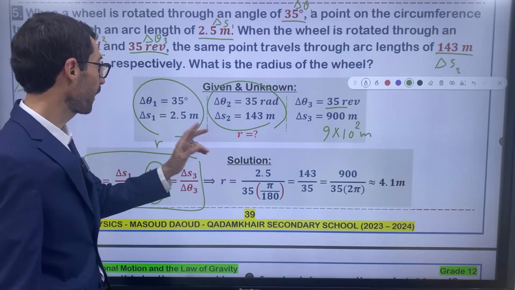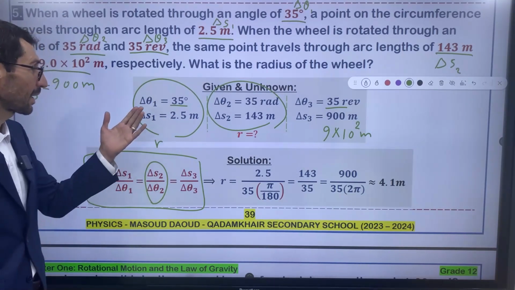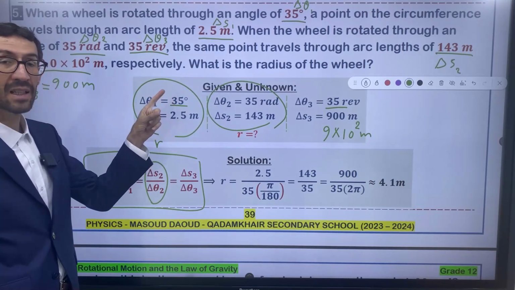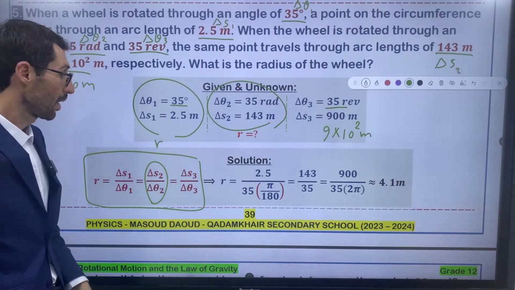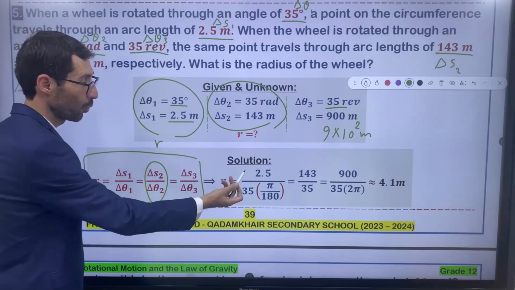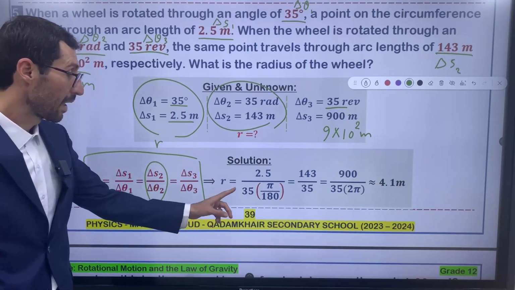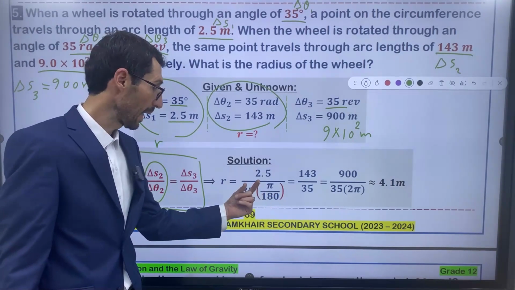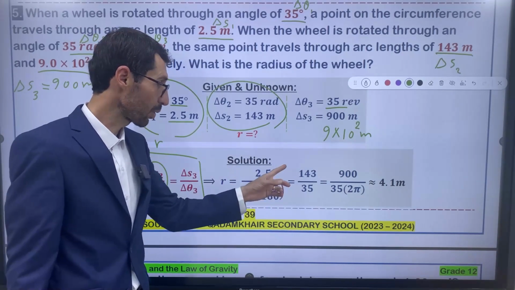Right. So about the first one, the information is not unified. We have to unify the information. Degree is not allowed in SI. You have to convert it into what? Into rad. About delta S1, we don't have any problem: 2.5 meters divided by 35 degrees. Whenever you multiply the degrees by this fraction, it converts to radians directly.